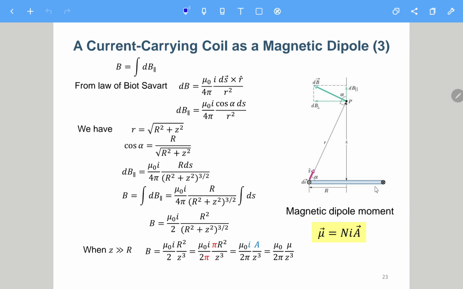Actually, this is a coil. At this point the current is pointing out of the page, and at this point it is into the page. So it is a circle like this, going out of the page and then going in.